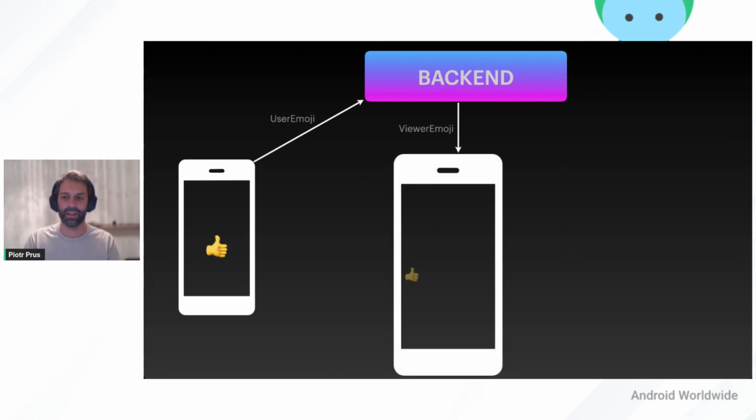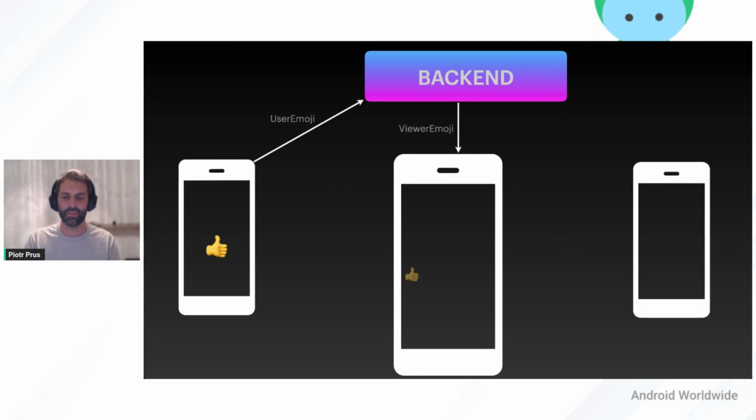We display that on the left or right side of the screen with a little bit of alpha so as not to disturb the viewer experience. Then another user can also send another emoji, which is our user emoji, and the backend will do the same thing and show us this as a viewer emoji.